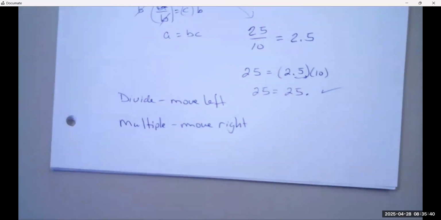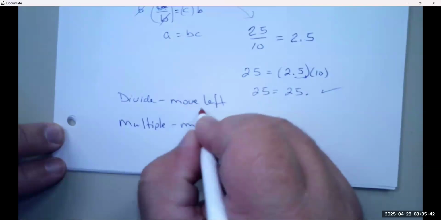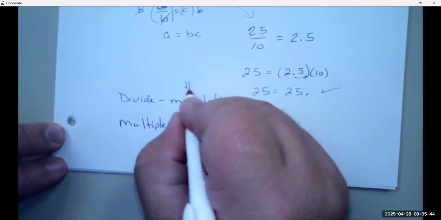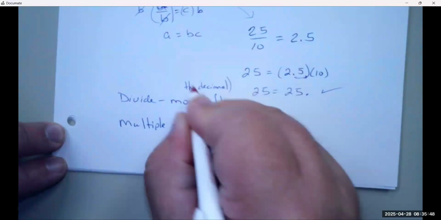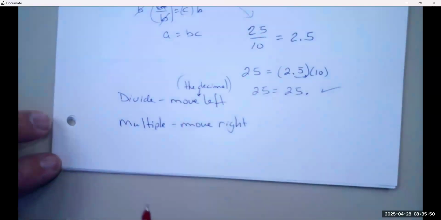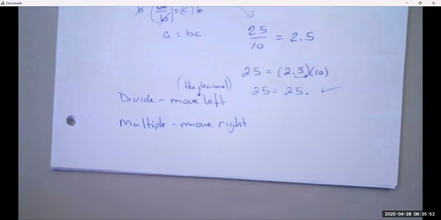Of course, I'm talking about the decimal. Move the decimal. Why? Why, when you divide, you move it to the left?